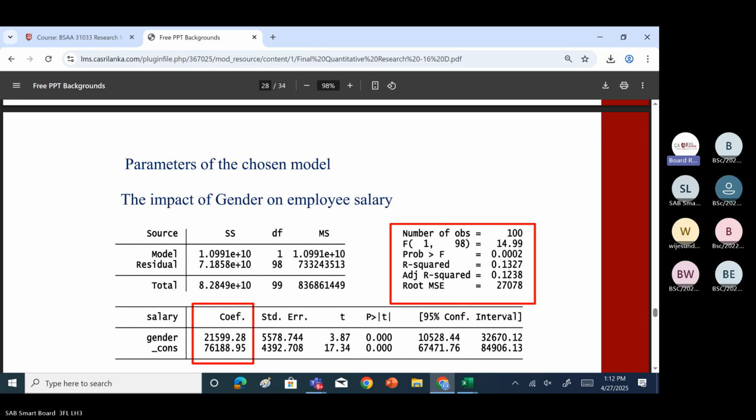Any questions on the statistics and mechanics? Any questions from this quantitative analysis technique? Yes or no? No. Okay, so then we have a break and come for the paper inspection.